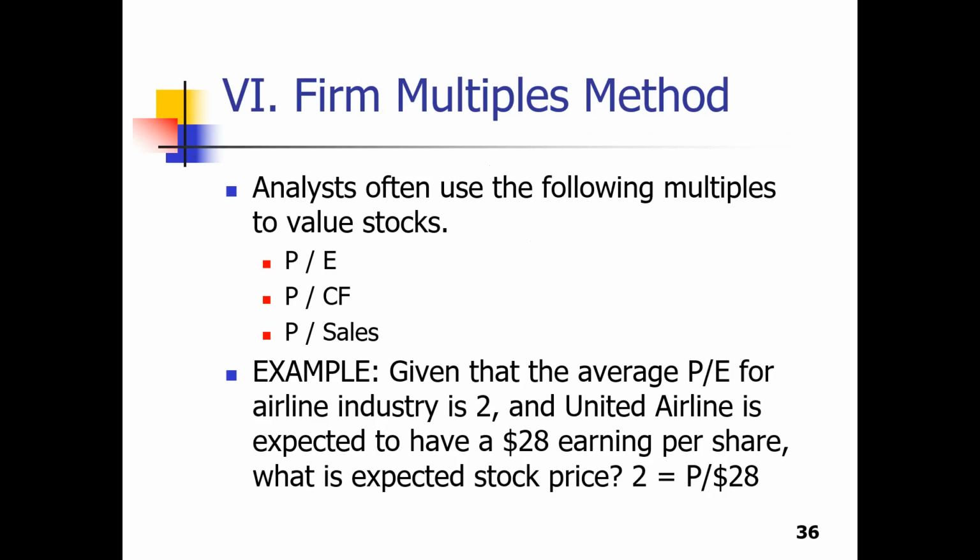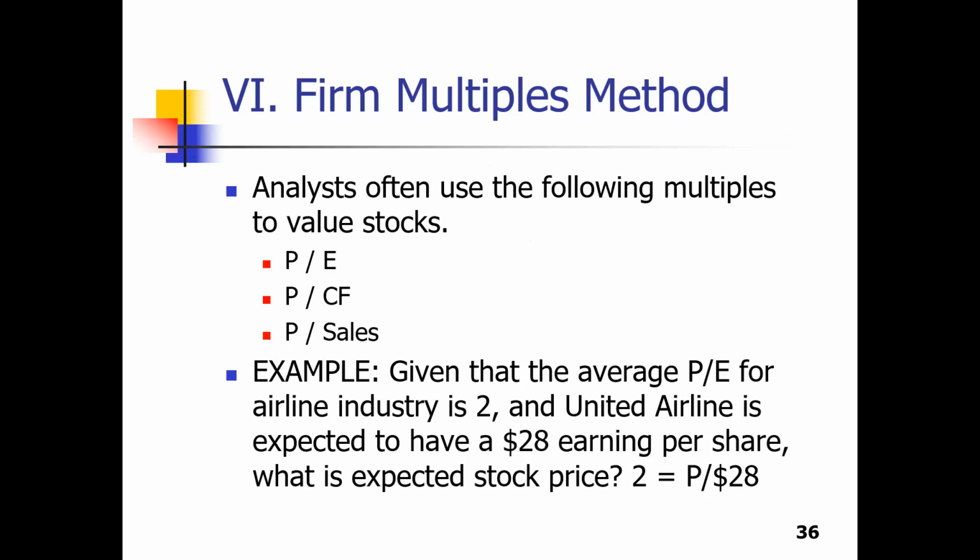We go to the bottom of their future income statement and get the net income that they forecast. And we divide it by the number of shares, and we get a future earnings per share. So their expected or future earnings per share is $28 per share.